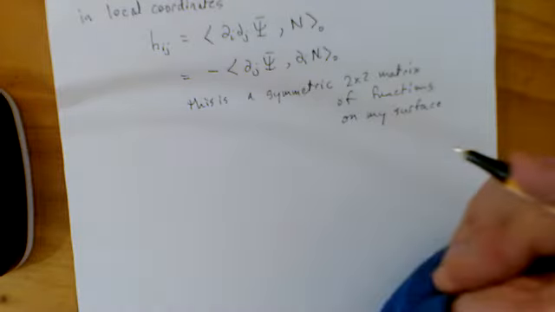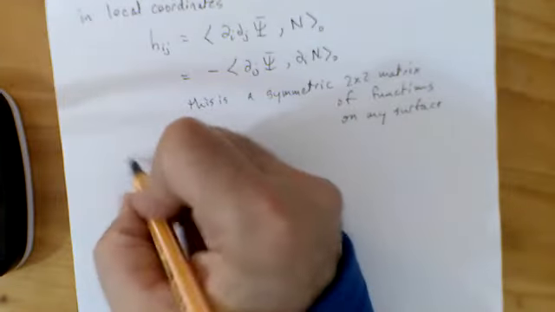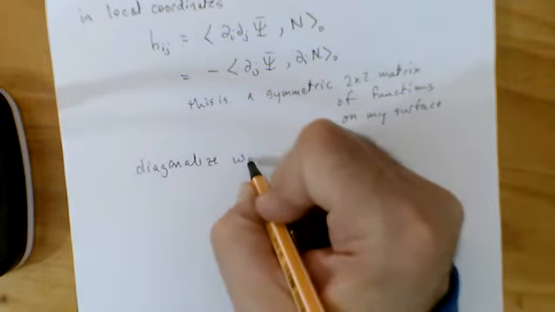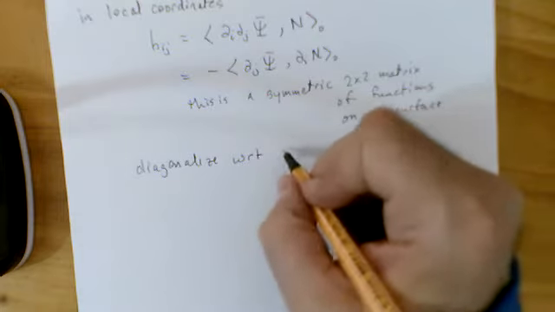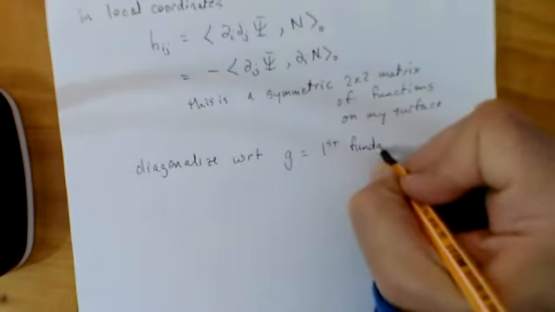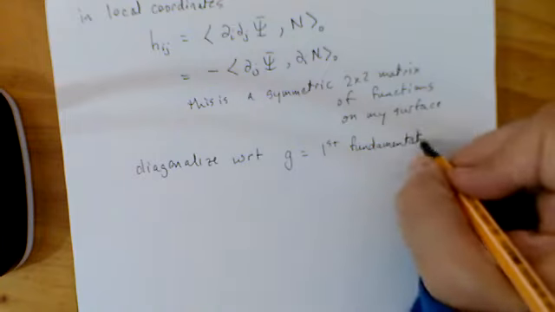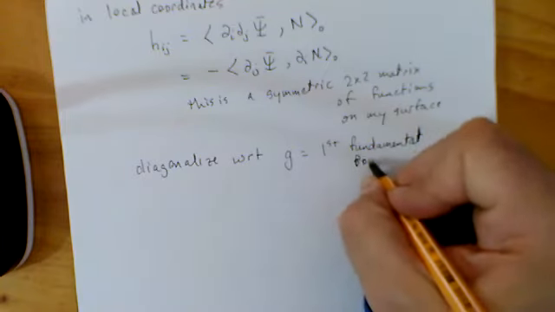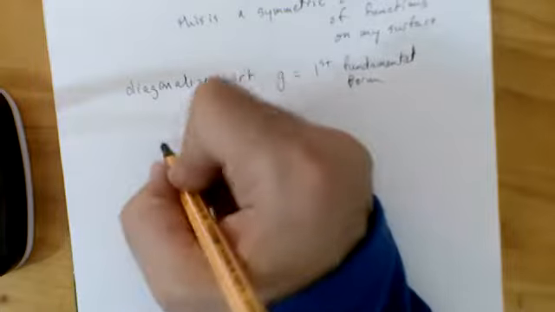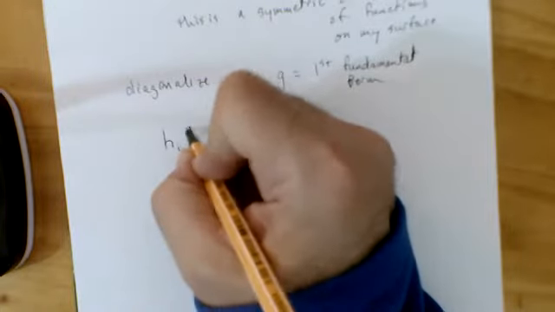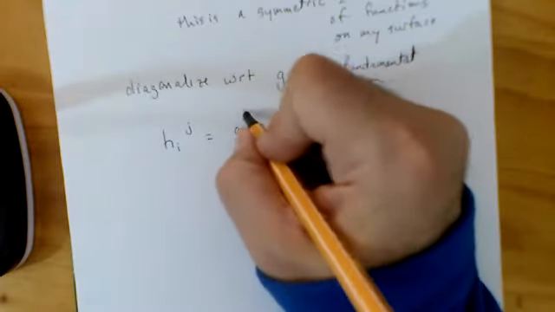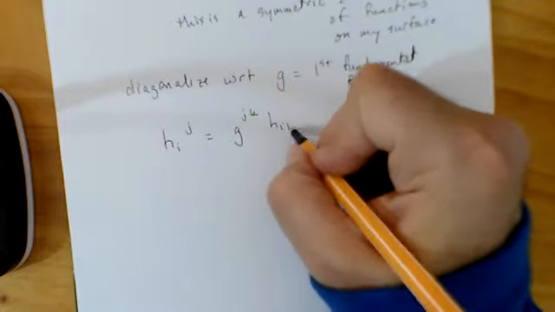Okay, I can simultaneously diagonalize this with respect to the first fundamental form G. And then I get H_ij is G_jk H_ik.